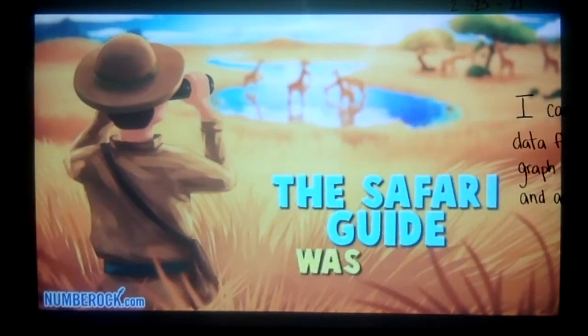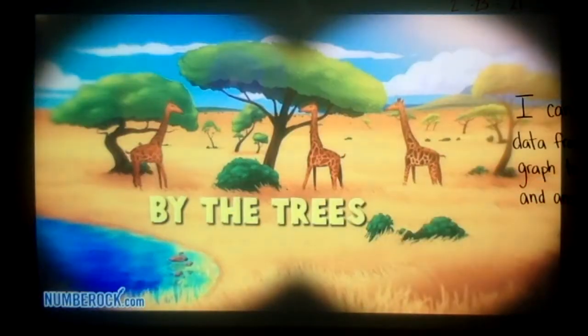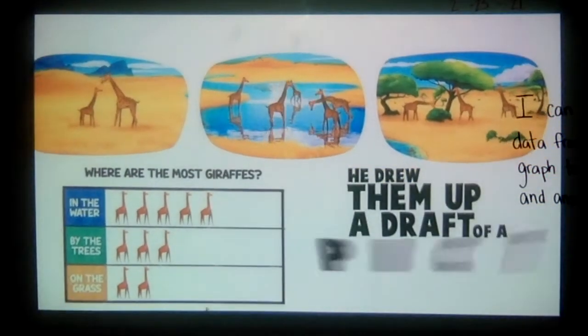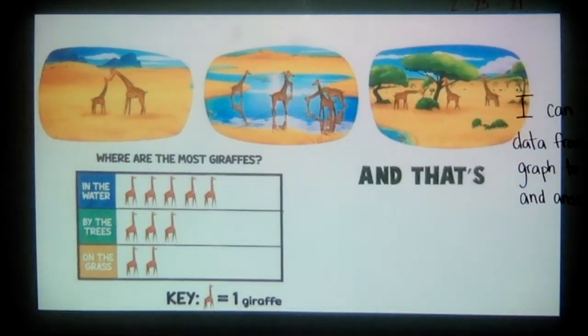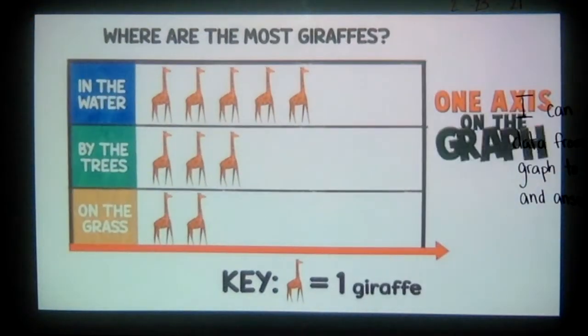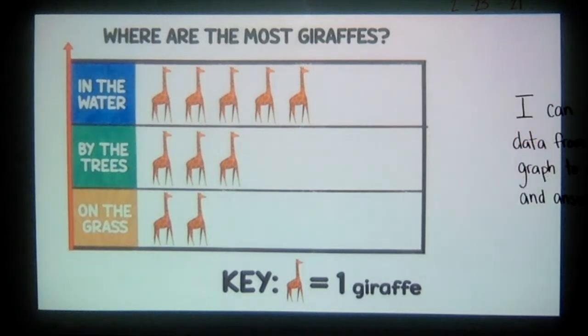The safari guide was asked, where are the most giraffes? In the water, by the trees, or on the grass? He drew them up a draft of a picture graph, and that's what we're looking at. One axis on the graph shows the number of giraffes, the other tells us if they're in the water, by the trees, or on the grass.